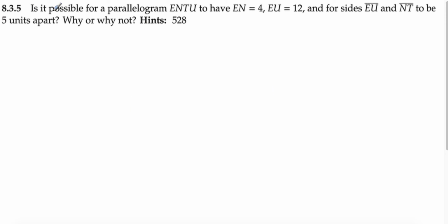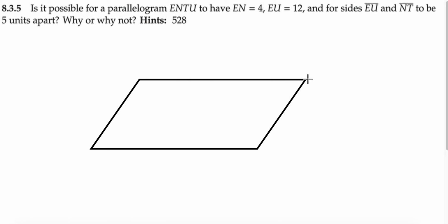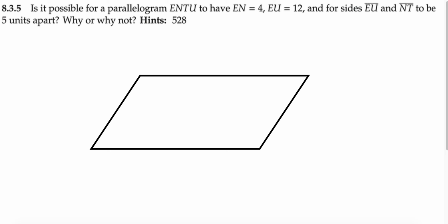Number 5: is it possible for a parallelogram to have, so let's look at the parallelogram first, E, N, T, U, EN to be 4 and EU to be 12, okay?